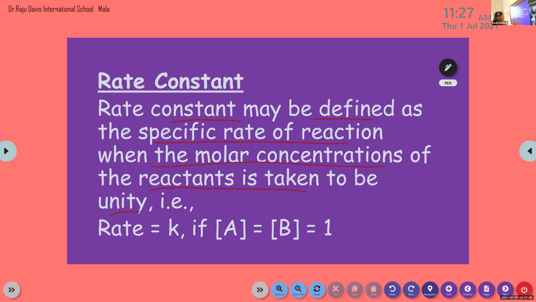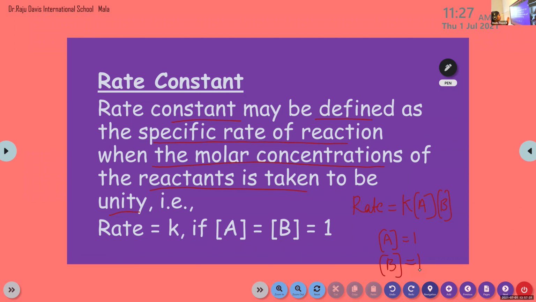That means from that equation, rate is equal to K times concentration of A, concentration of B, raised to their powers, right? So when the concentration of A and concentration of B is unity, K will become equal to the rate. In this way, we are defining this rate constant.